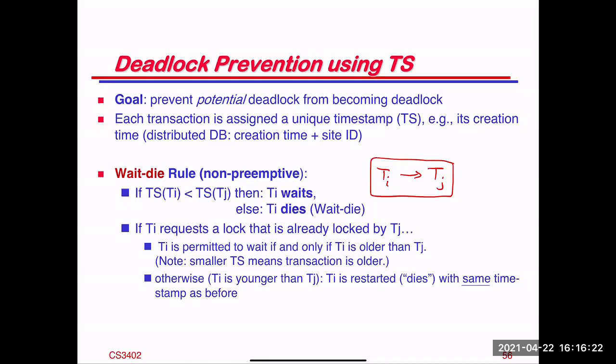On the other hand, if Ti is younger than Tj, meaning its timestamp is greater than the timestamp of Tj, so this is the else branch here, then Ti is simply restarted. That's where the name of this rule comes from, right? Either you wait or you're restarted, you die.